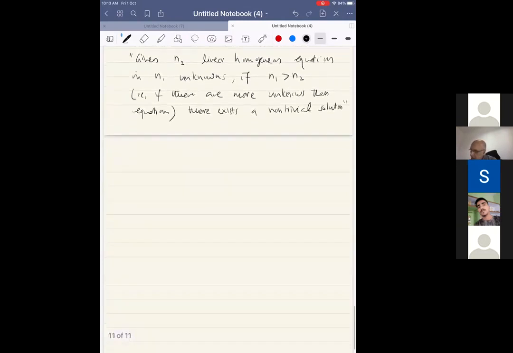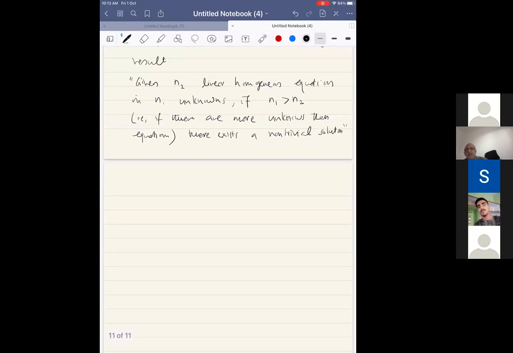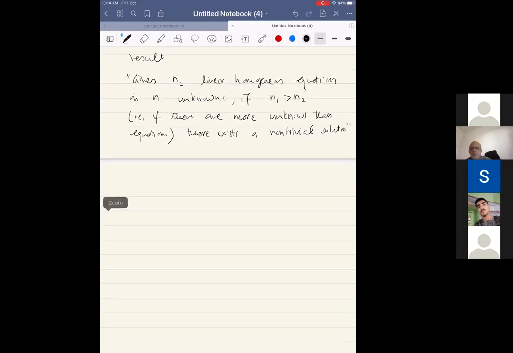I hope you've encountered a statement like this in high school. You have systems of n2 linear equations, homogeneous, which means that the right hand side is 0, and there are lots of unknowns and very few equations, then you can always find a non-trivial solution. This is how you would have seen this in high school if you've seen it.